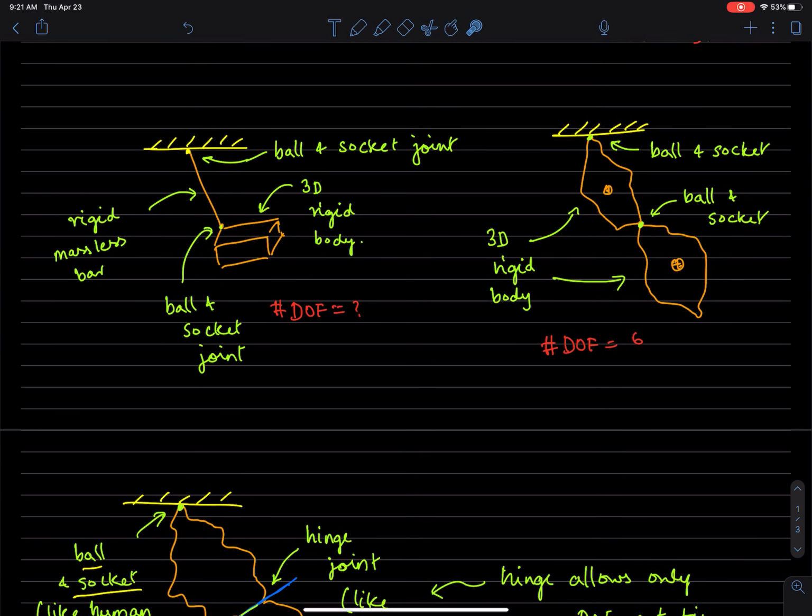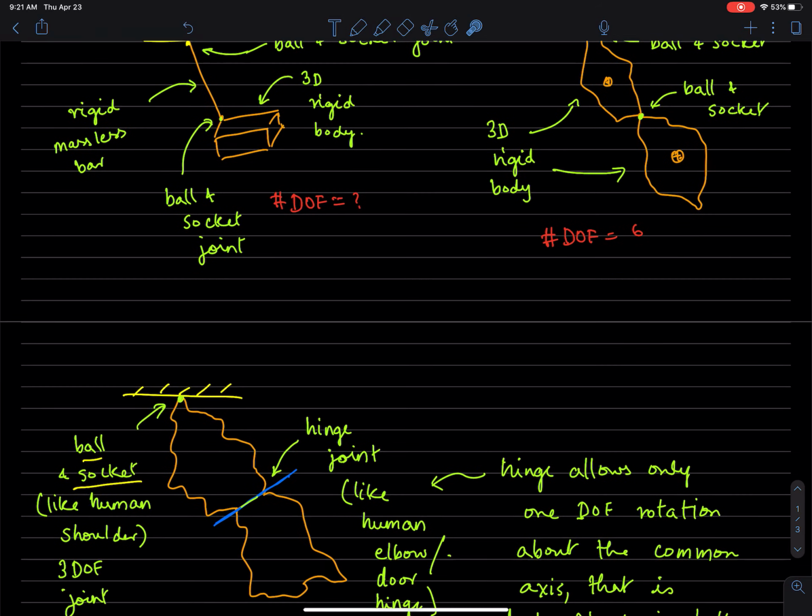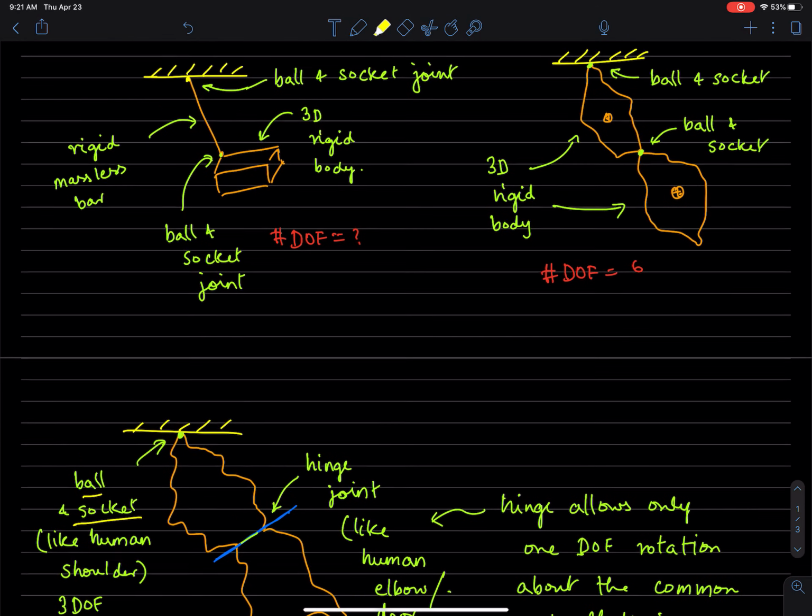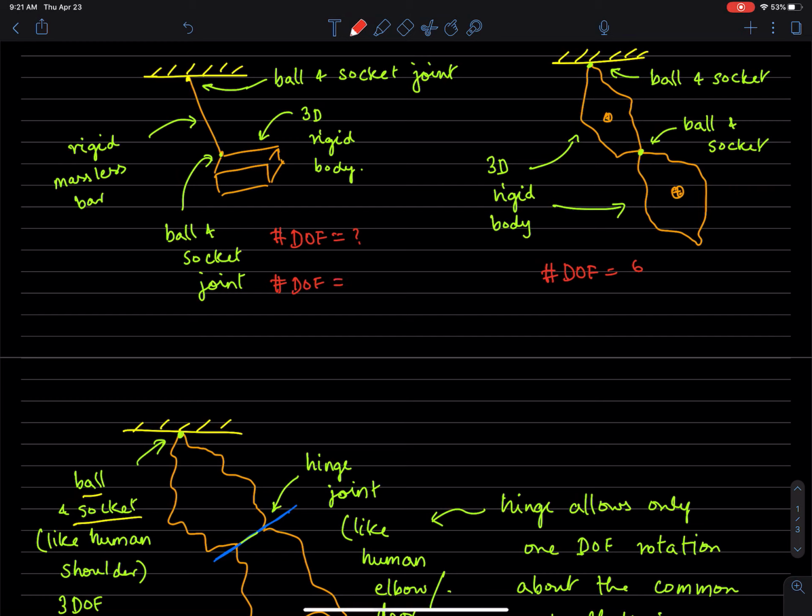If you want to think about this, maybe you've thought about this. You can think of this rigid body as starting with 6 degrees of freedom, minus the fact that this point is connected to this point by a rigid rod.